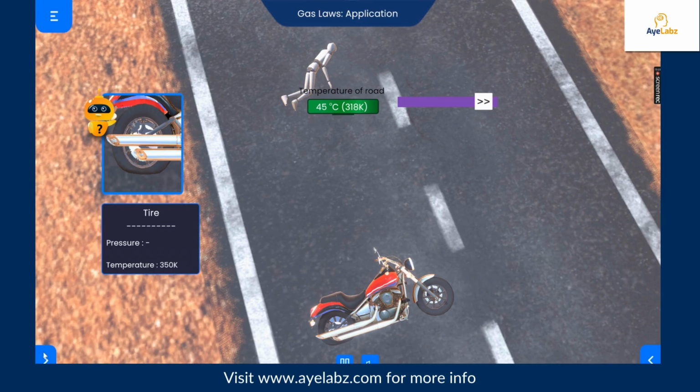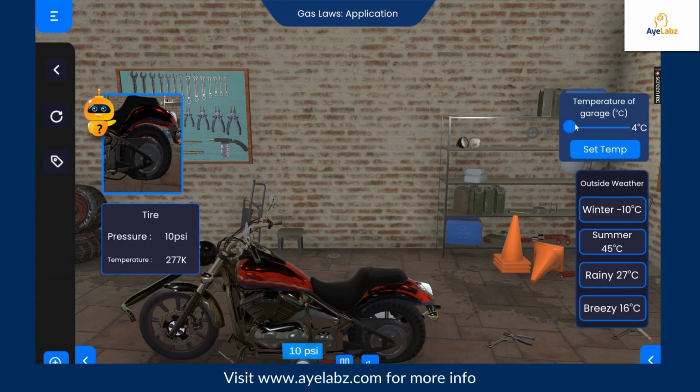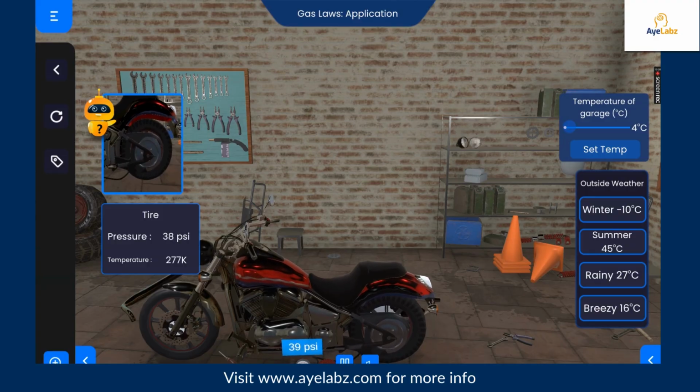Let me show you one more example here. Let me take this bike at the same temperature, but the environment temperature is this. Now let me take it on a winter day.